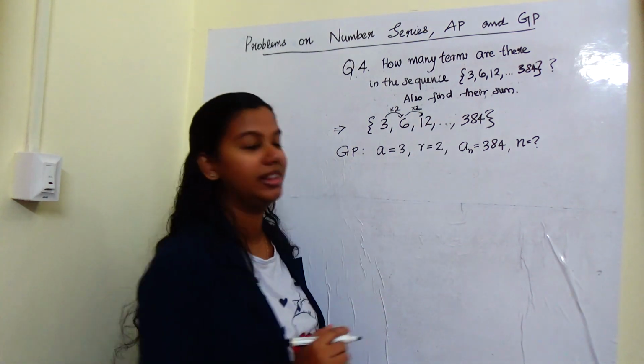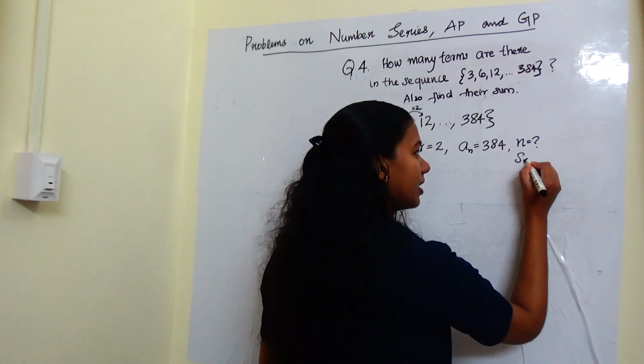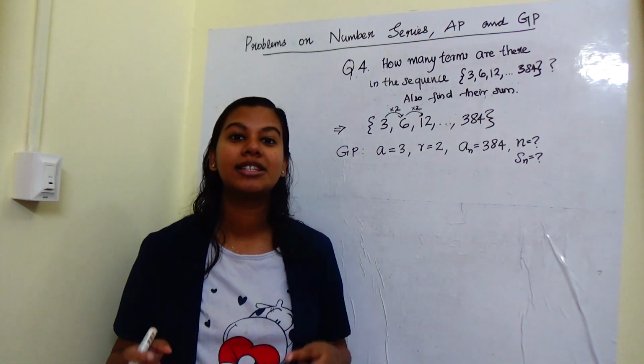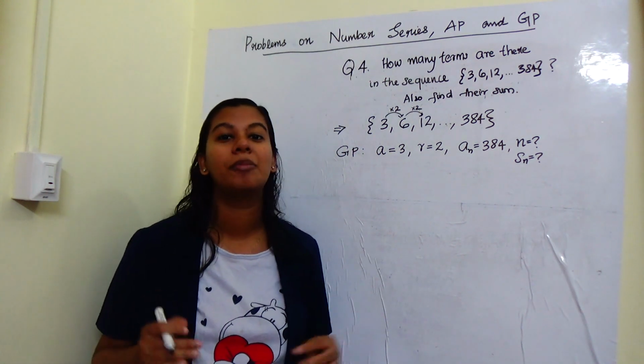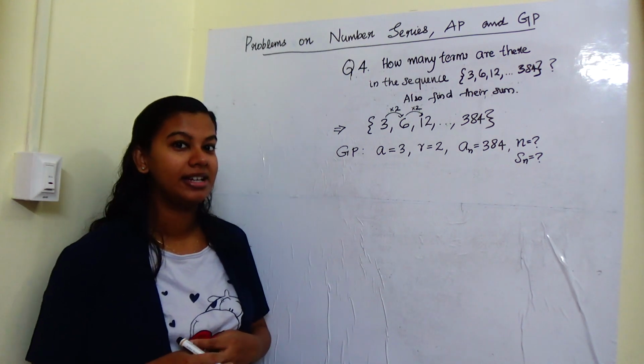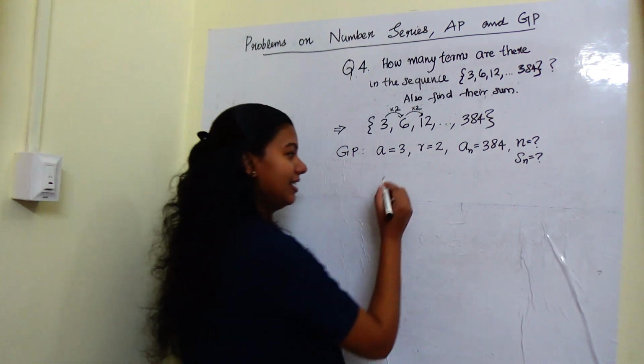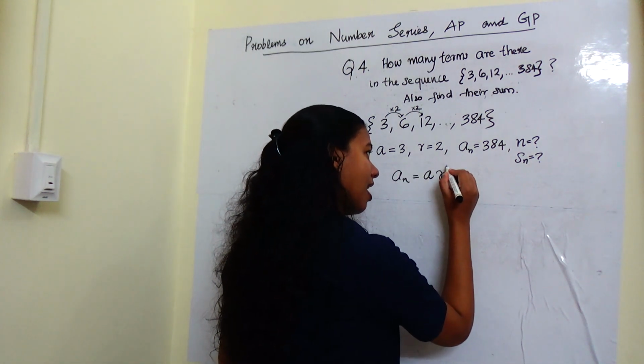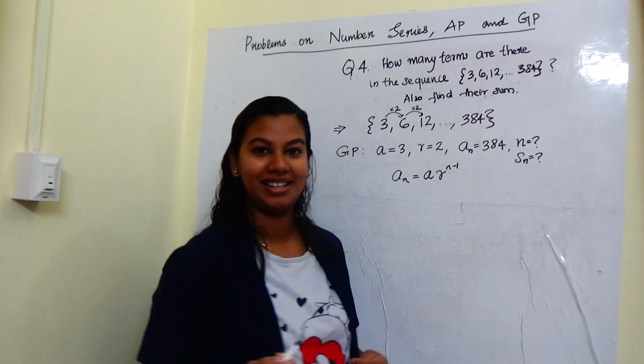Also we need to find the sum, S_n equals question mark. Okay, so now let's write down the formula for the last term in a geometric progression. That is a_n equals a into r raised to n minus 1.